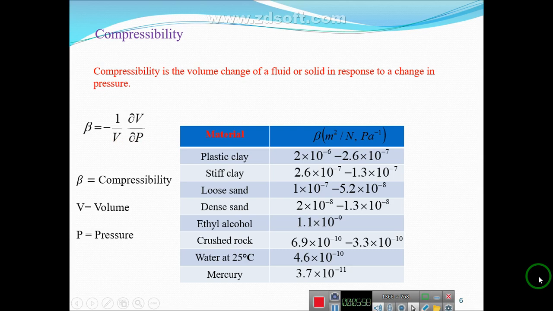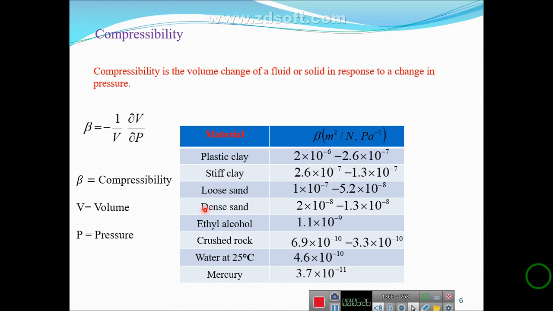In this equation, beta is the compressibility, V represents the volume, and P is the pressure. This table here gives the compressibility of some materials in terms of square meter per Newton.